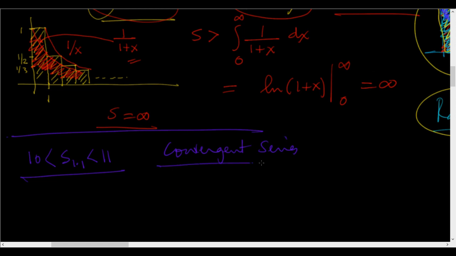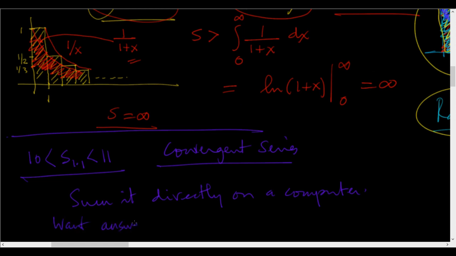Suppose I sum it directly on a computer. I want the answer correct to 2 decimal places. So what I want to do is 1 over k to the 1.1. Sorry, I don't mean that.